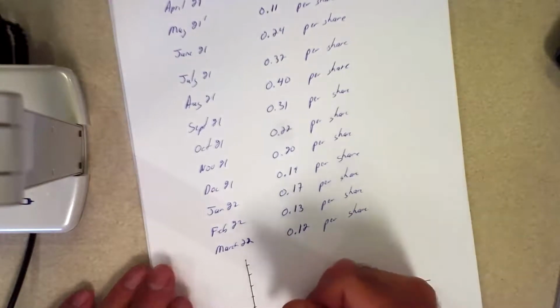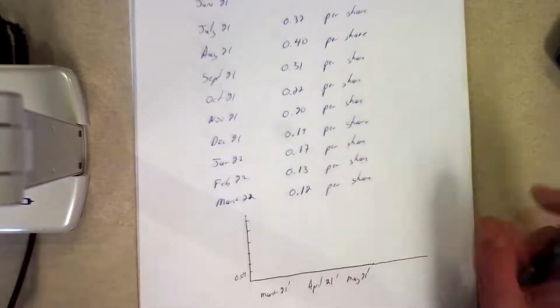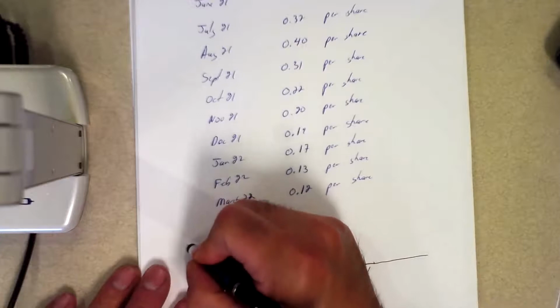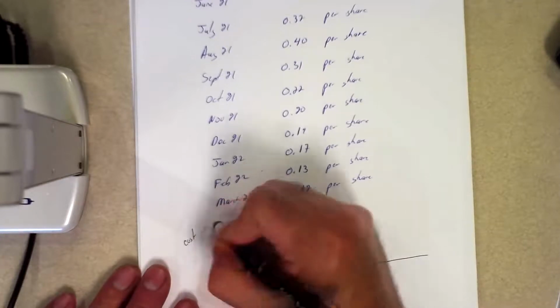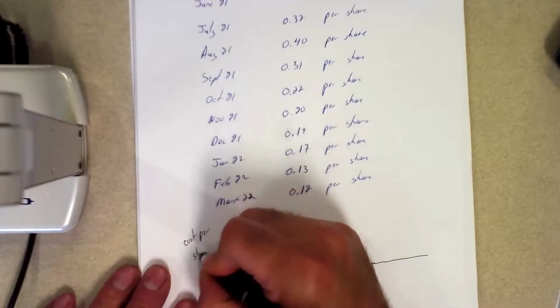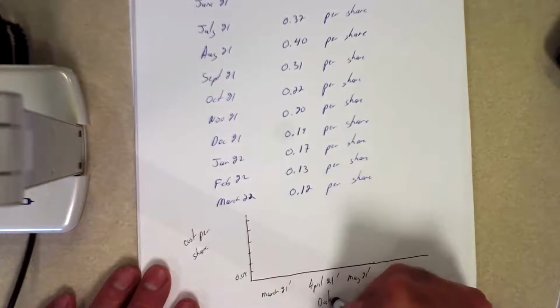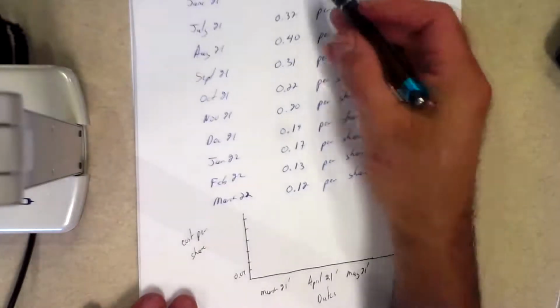0.04. I'm going to do it in increments of 0.4. So you put your price per share, cost per share, and you've got your dates. And so what you would do is you would get your 0.4.